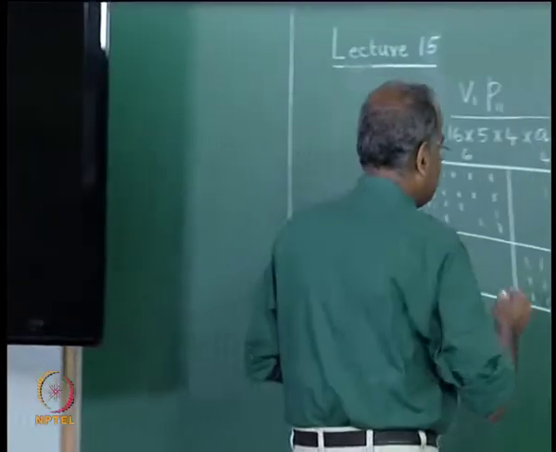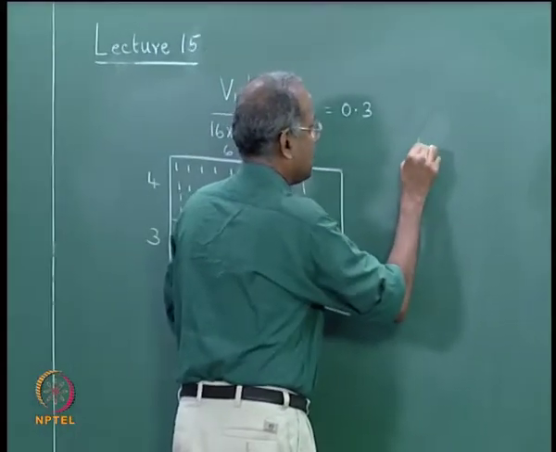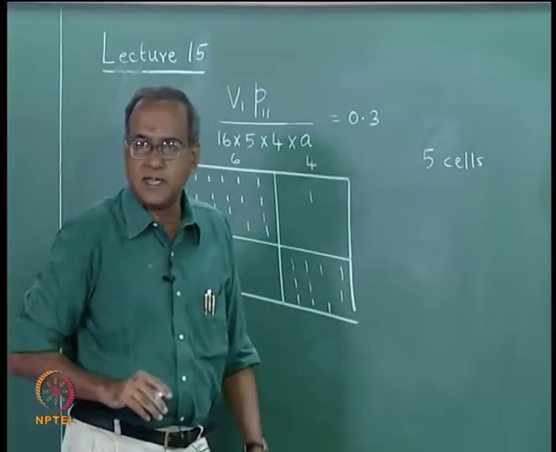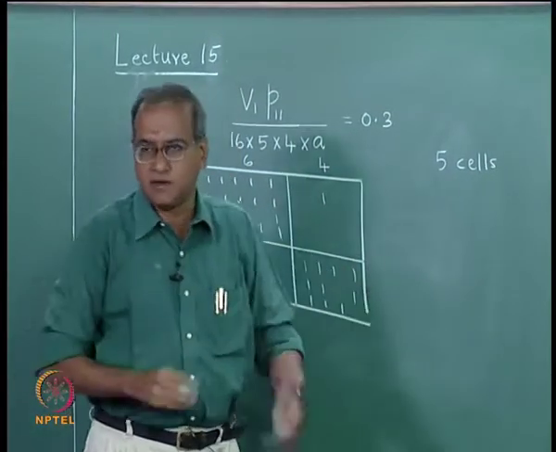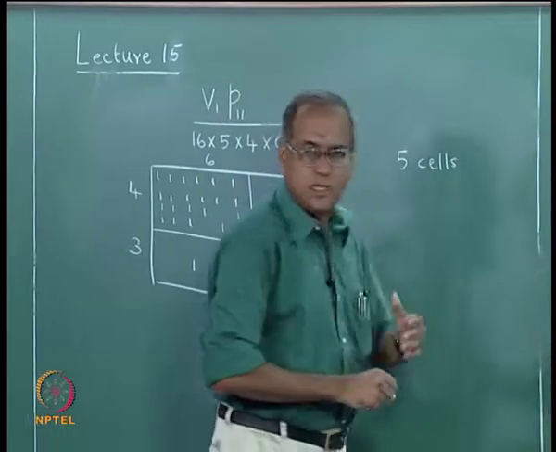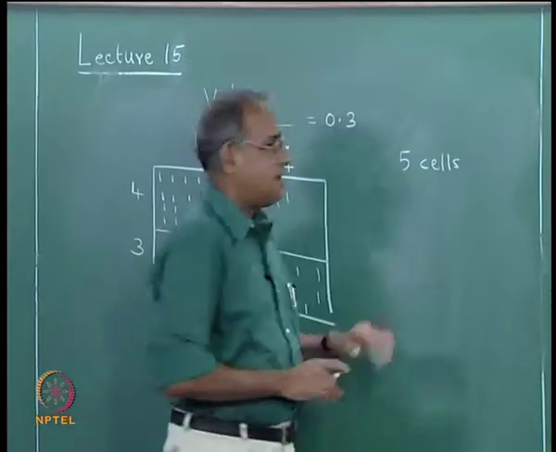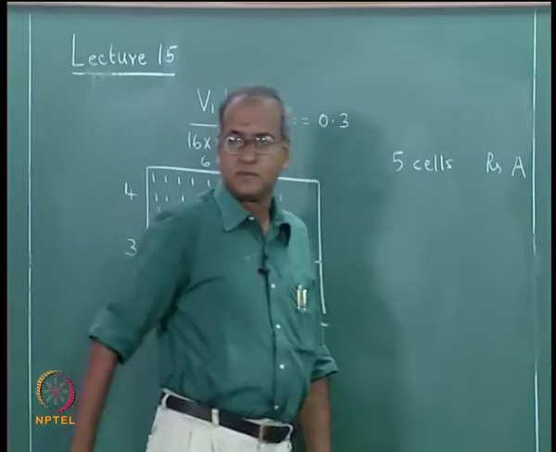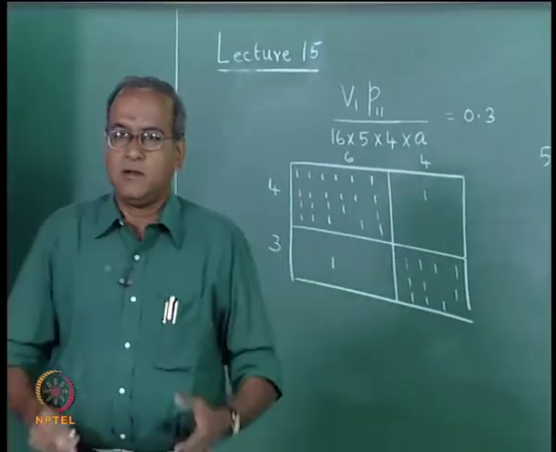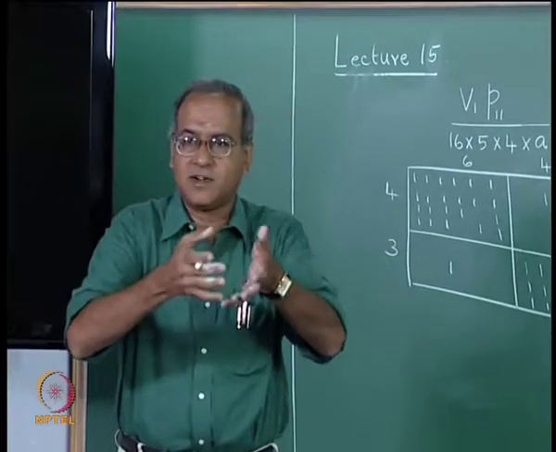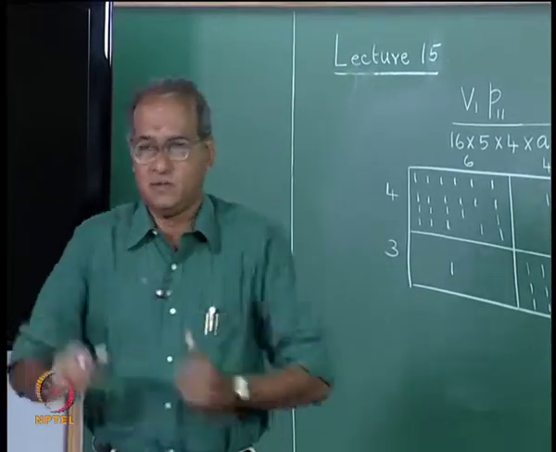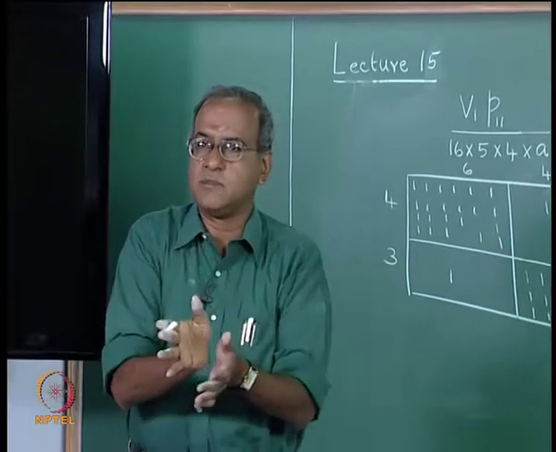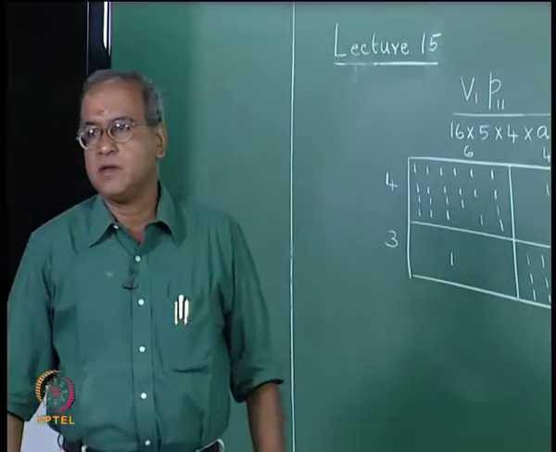If there are 5 cells, and let us say these 5 cells put together through their production and sale generate rupees A, we know that each one will not contribute exactly A by 5. Some cells will contribute more, some less.